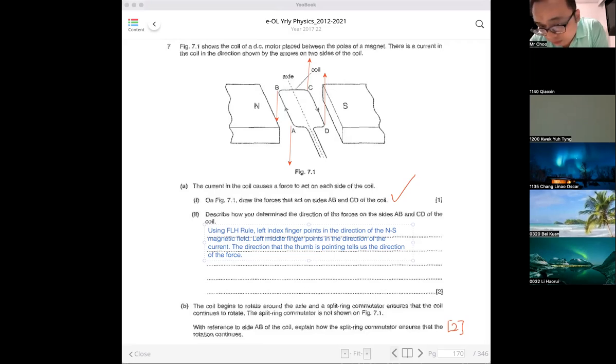Ryan, the thumb doesn't indicate the magnitude of the force. The thumb indicates the direction of the force, not the magnitude. Okay, you must change that.